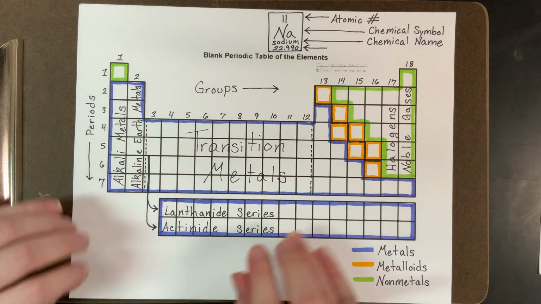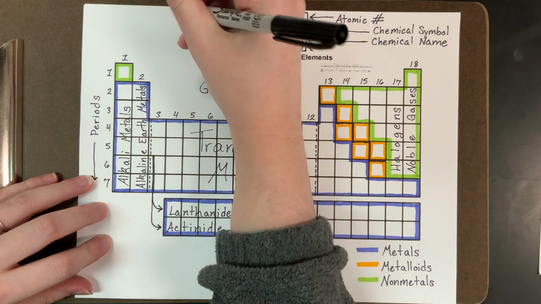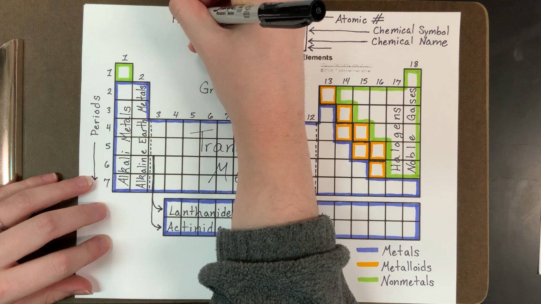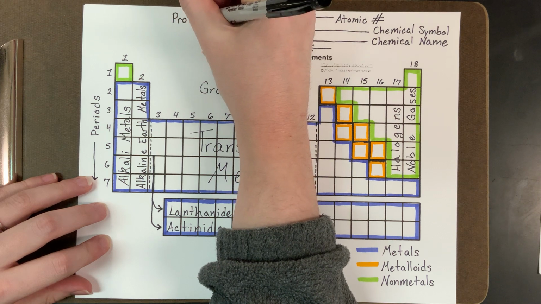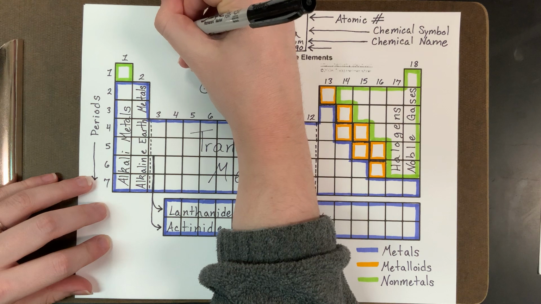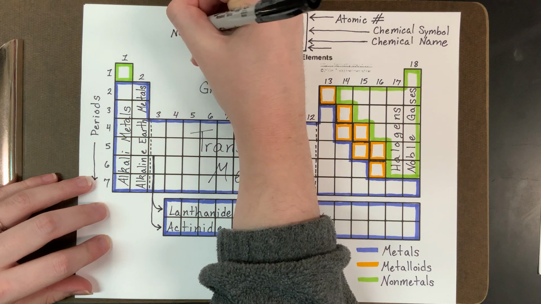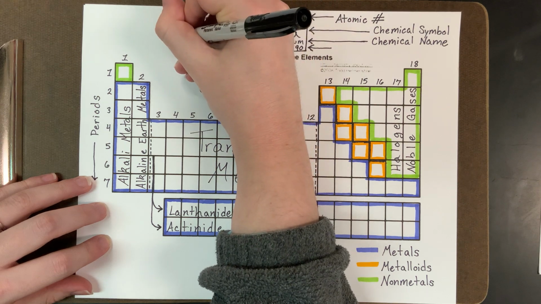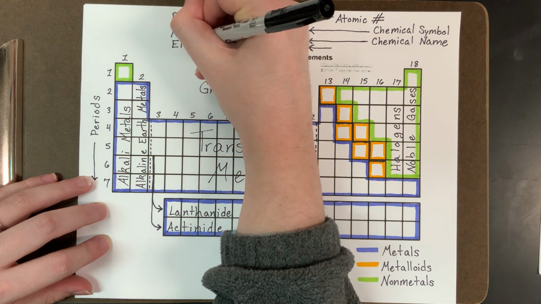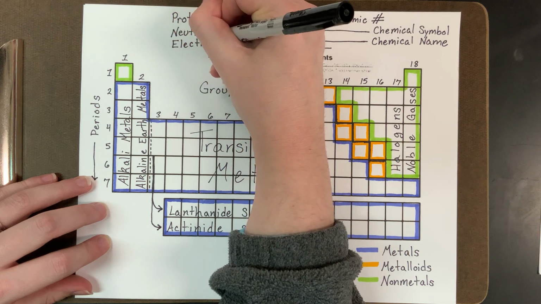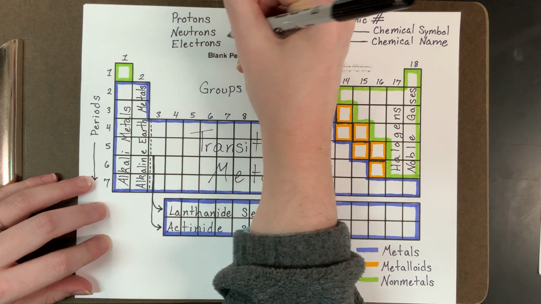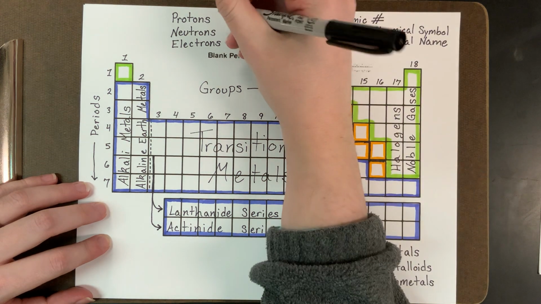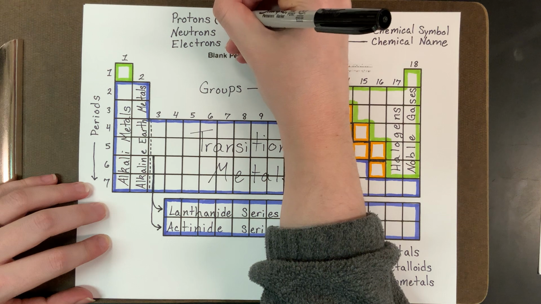Before we move on, there is one thing up here that I would like to recap, and that is the charges on my protons, neutrons, and electrons. Your number of protons will always give you a positive charge.